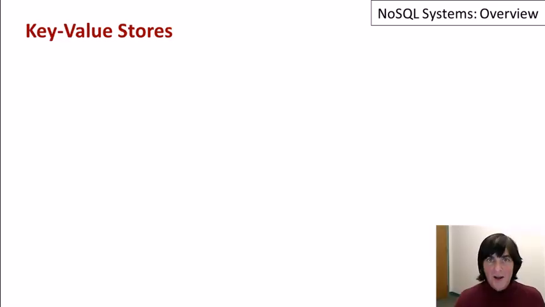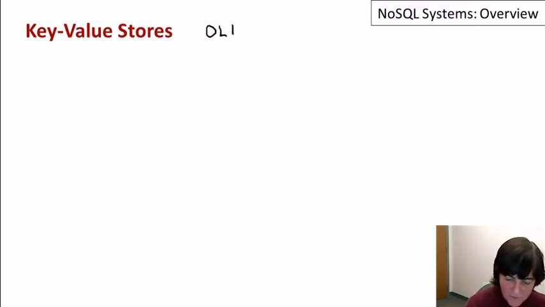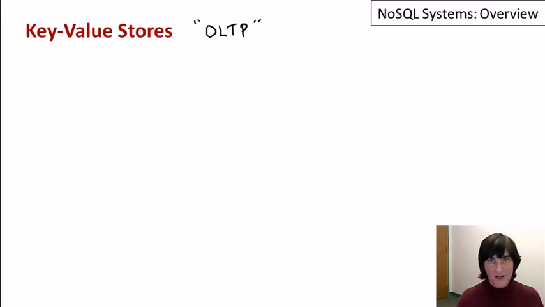Now let's move on to talk about key value stores. As a reminder, the Hadoop or MapReduce framework is designed for more OLAP-type operations, or analytical operations that involve scanning most of the data. Key value stores are designed more for OLTP-style applications where you're doing small operations, maybe over a single record in a massive database.